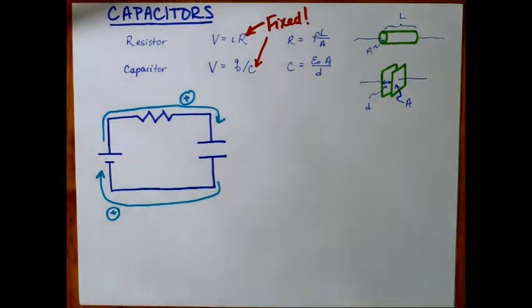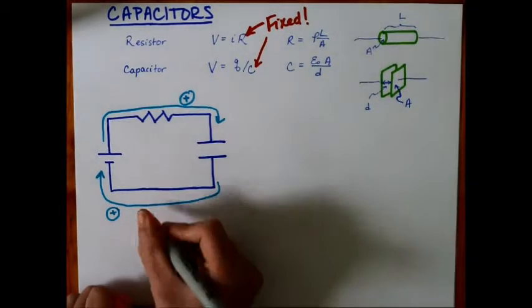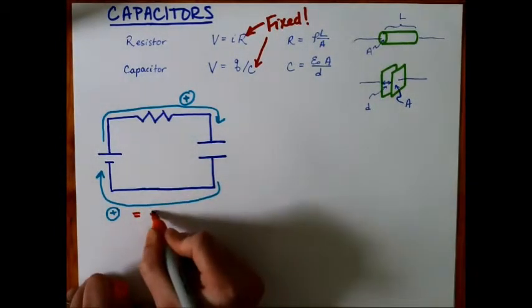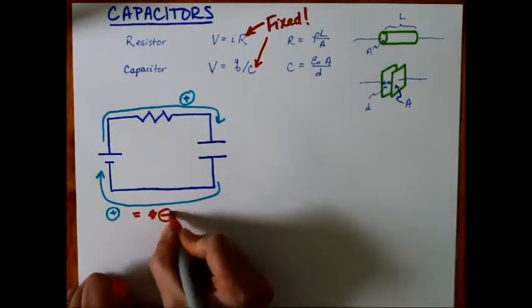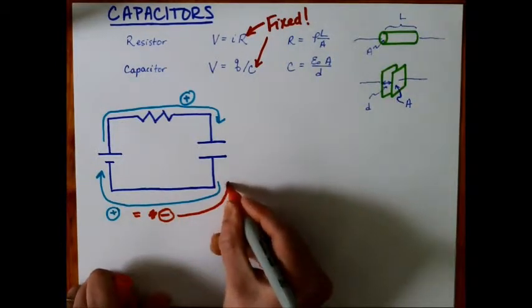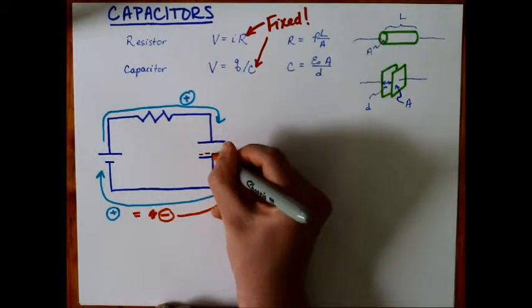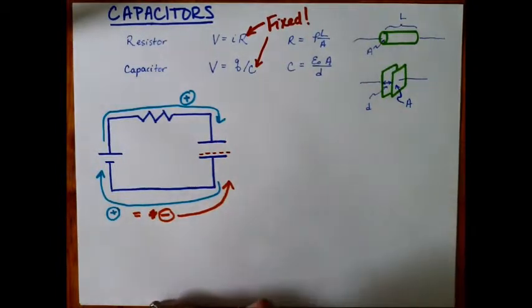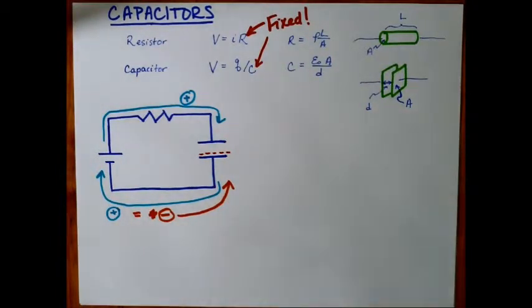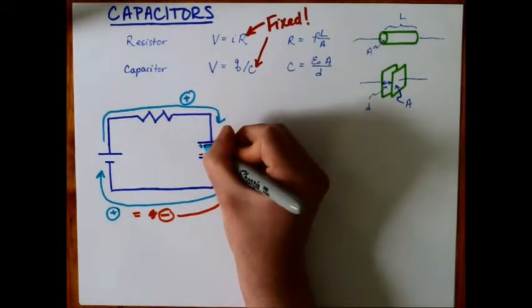But that's exactly the same as having negative charges moving in this direction. So what's going to happen is I'm going to get negative charges building up on this plate and positive charges building up on this plate.